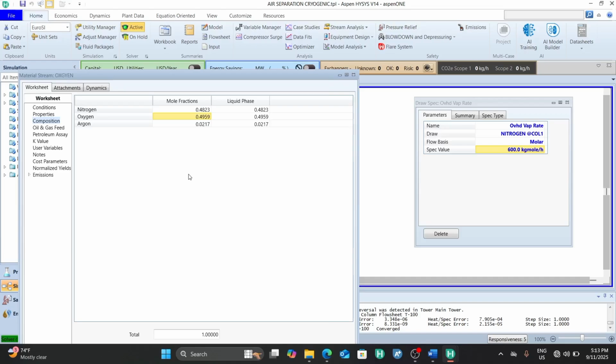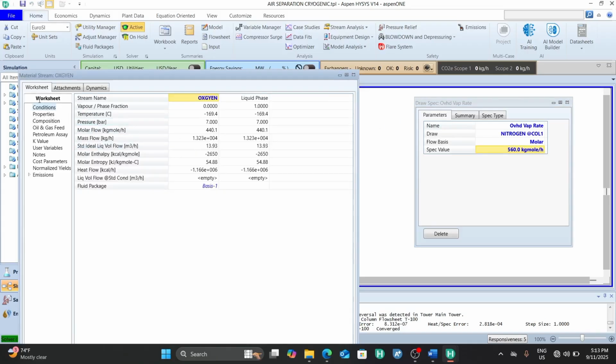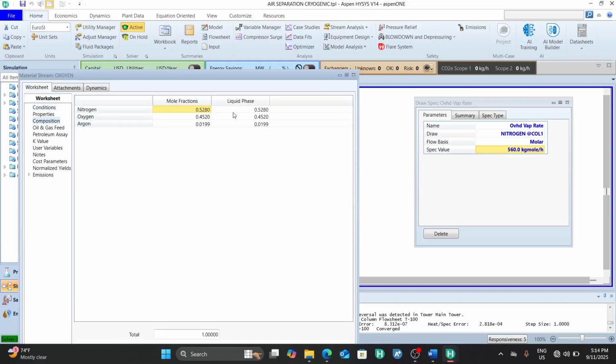Well, that's approximately 95%, but we need to be greater than 95%. So we need to drop this to 560. Let's see what 560 looks like. 560 gives us a 440, right? 440 and we're on 45.2%.